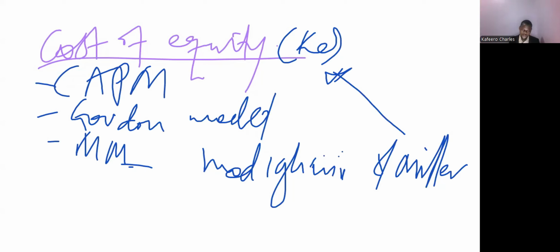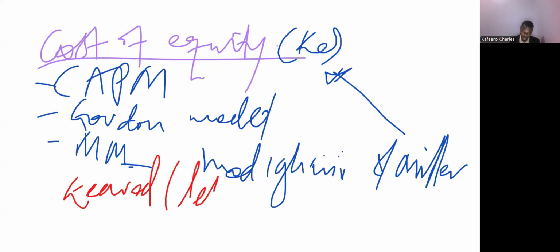Therefore, as a company, as long as you find yourself geared, with both debt and equity, then we say the appropriate cost of capital is basically the WACC.